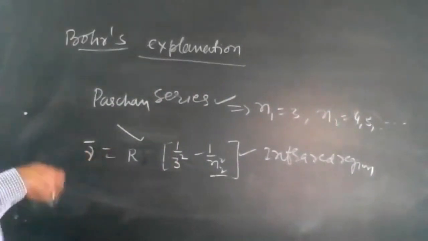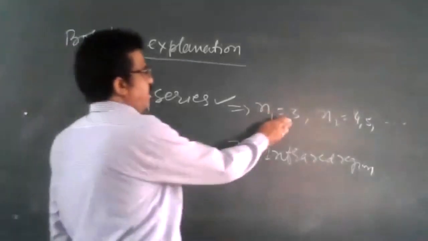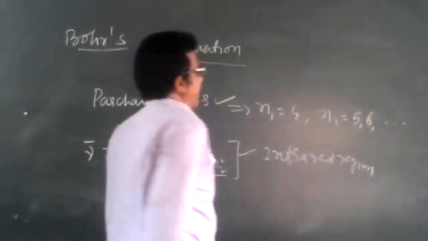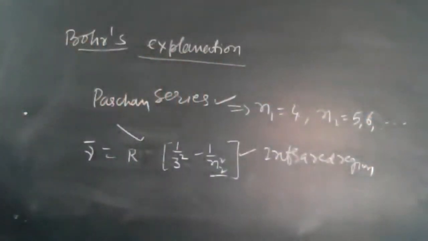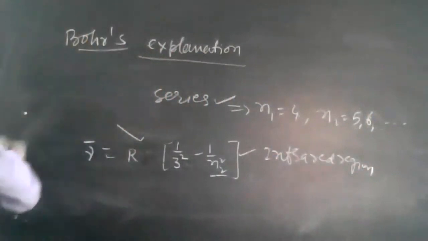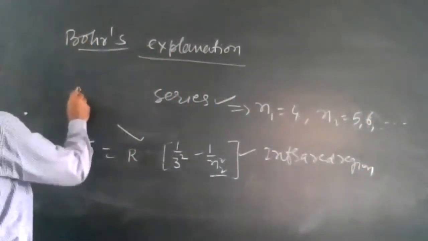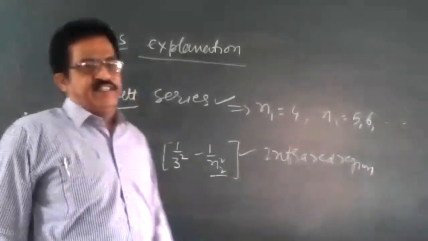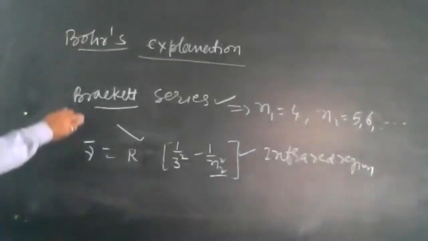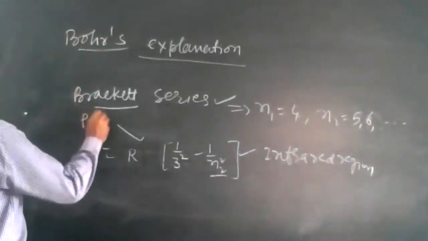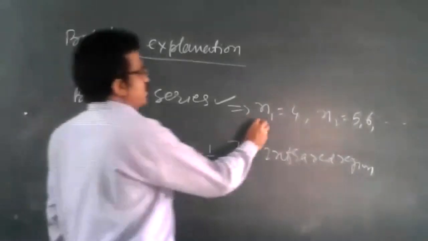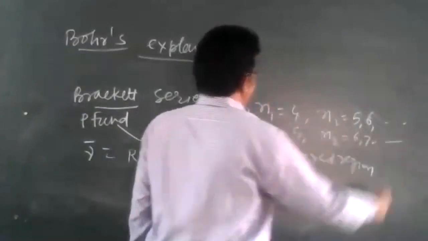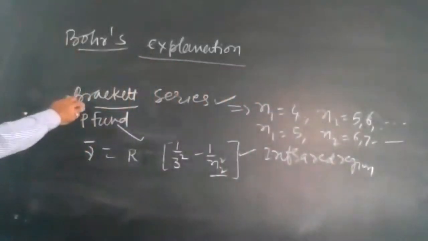When the electron jumps to the fourth orbit, N1 is equal to 4, from any other higher orbit, say 5, 6 like this, that is the Brackett series. And the last one is the Pfund series, that is, the electron jumps to the fifth orbit from any other higher orbit like this. This is the Brackett series and Pfund series.